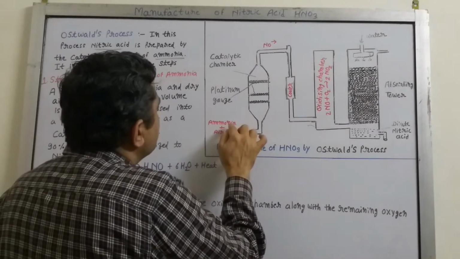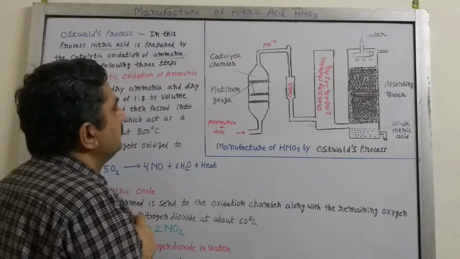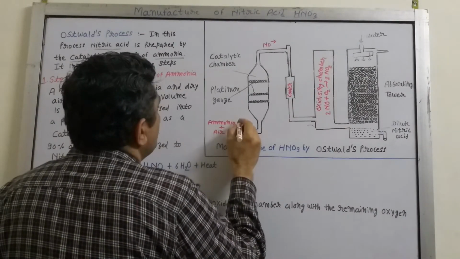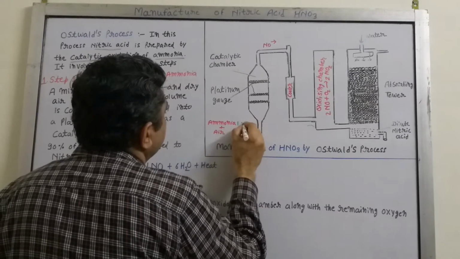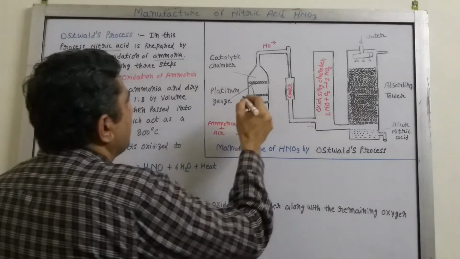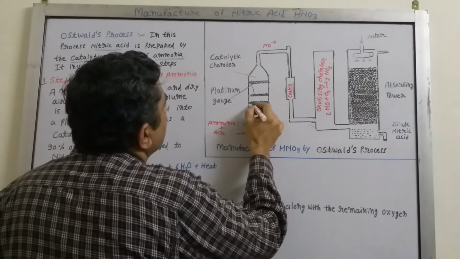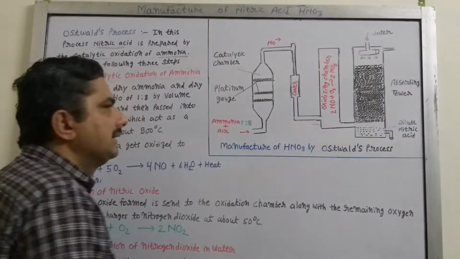Here, the mixture of ammonia and air in the ratio of 1:8 by volume is passed in this catalytic chamber which contains platinum gauge which acts as a catalyst.